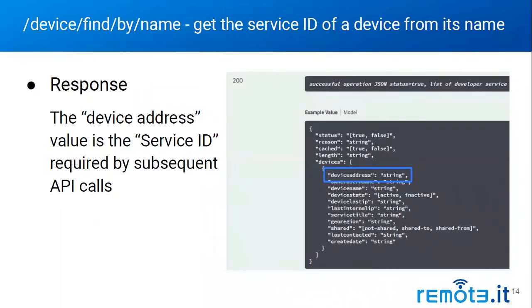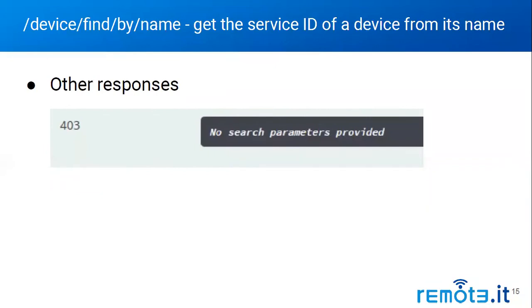So one thing I wanted to point out is that if you already know the service ID from the web UI, if you happen to be using that, you can bypass this particular call. But in the general case, you don't know the service ID unless you've memorized it. It's easier to refer to it by the service name. And if you made a mistake in setting up the search parameters, you could get this error response.